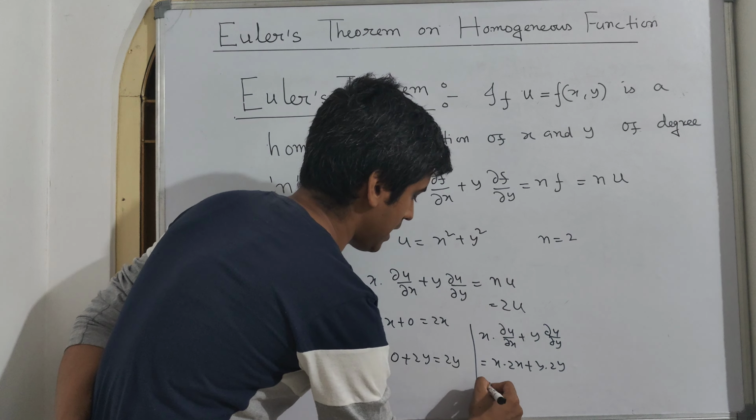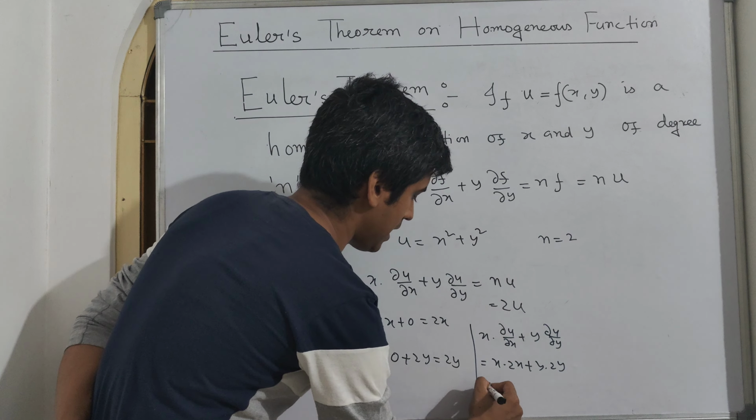Now we will solve some problems related to Euler's theorem. Here the first problem is, if u equals xy by x minus y, then show that x into del u del x plus y into del u del y equals u.